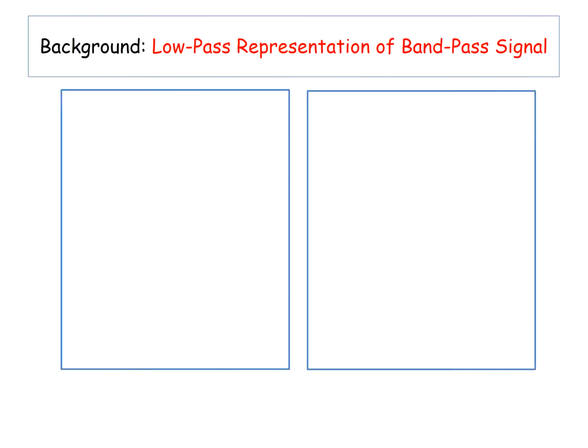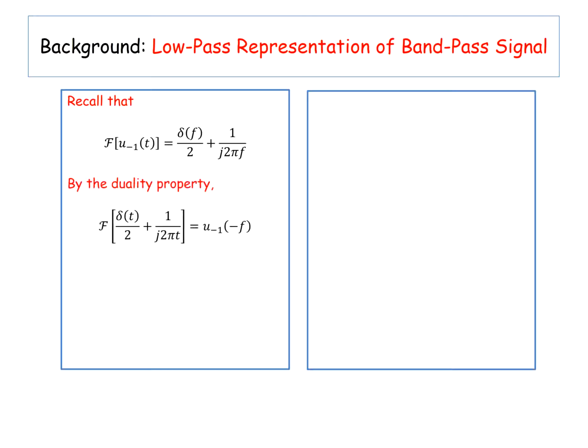Now recall the Fourier transform of the unit step function. By the duality property of the Fourier transform, then through the scaling property, the unit step function, whose independent variable is frequency, can be introduced together with its time domain representation.